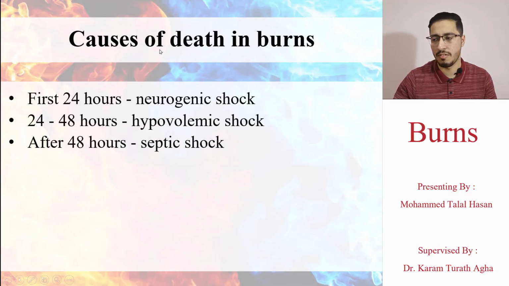The cause of death in burns in the first 24 hours is the neurological shock. In the 24 to 48 hours, the hypovolemic shock, and after that, the septic shock will occur.